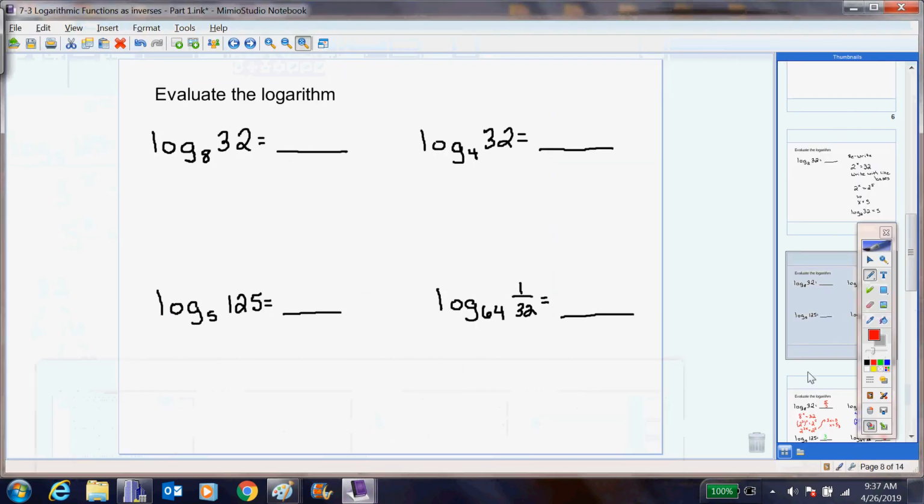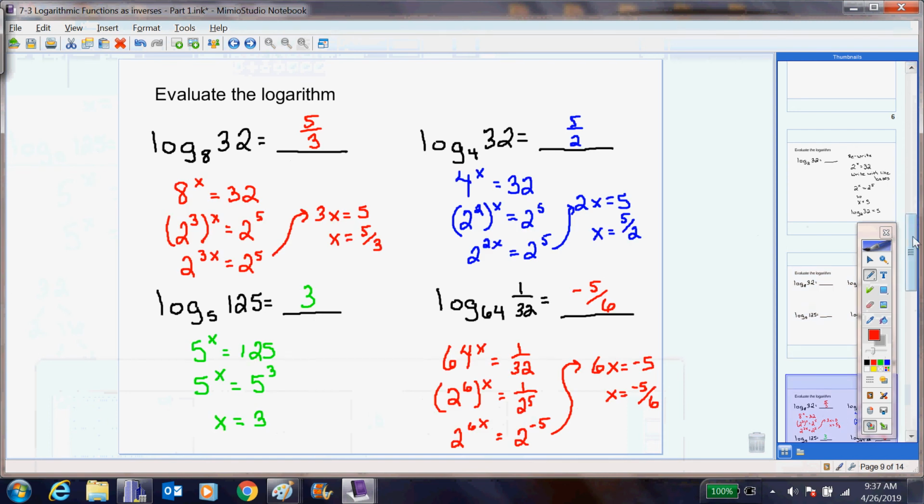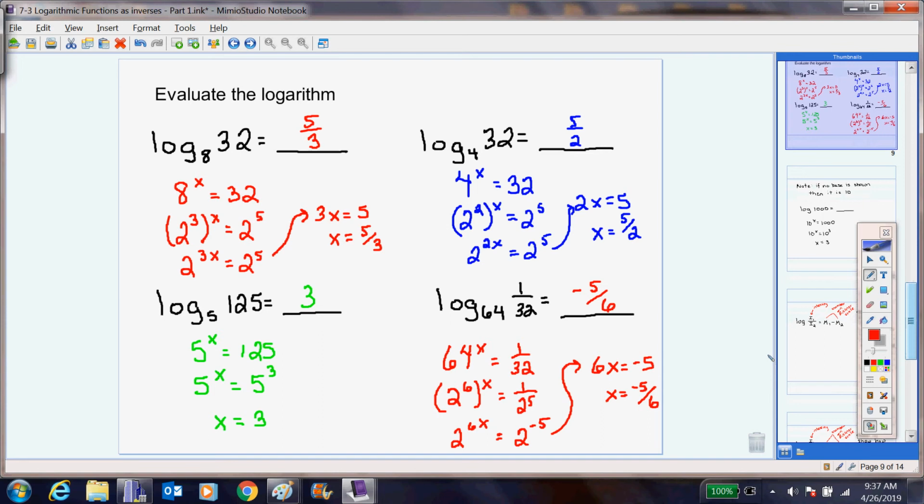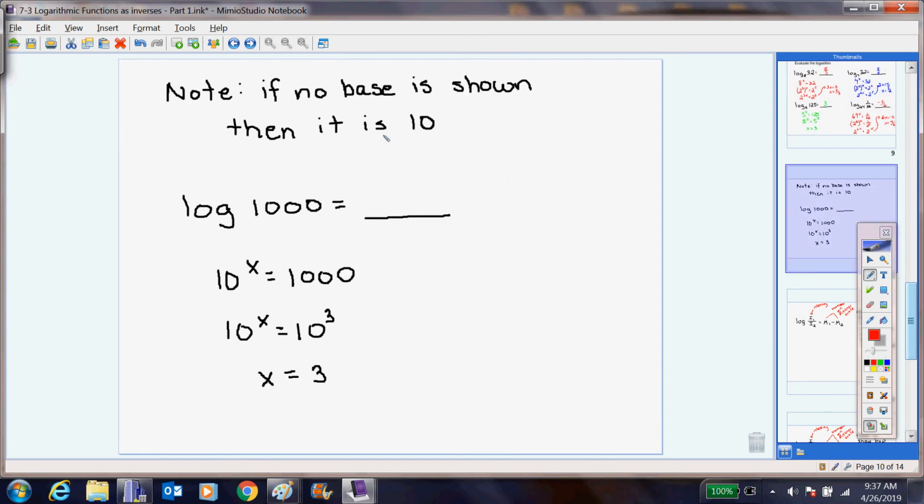So here we go, back to here. So we have that all filled in. Now, if there is no little base written in your logarithm, it is implied that the base is 10. It's kind of like the hidden one. When it just says log of 1,000, they're implying that the base is 10.